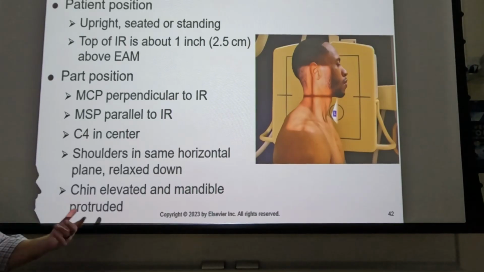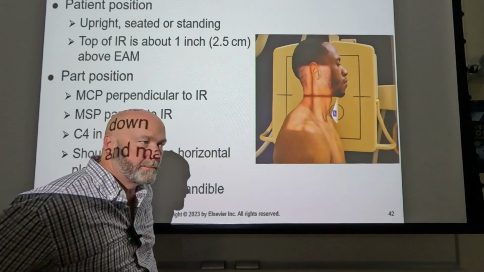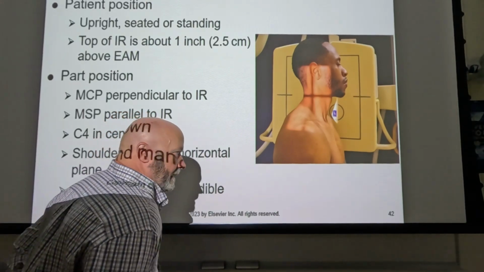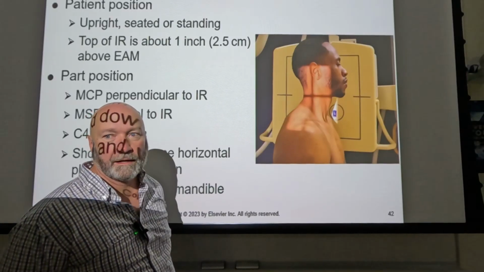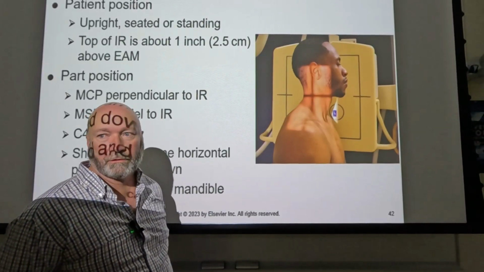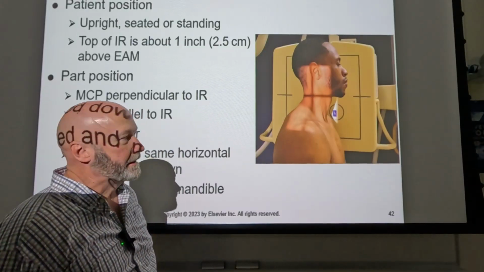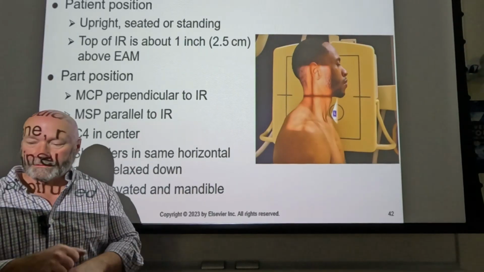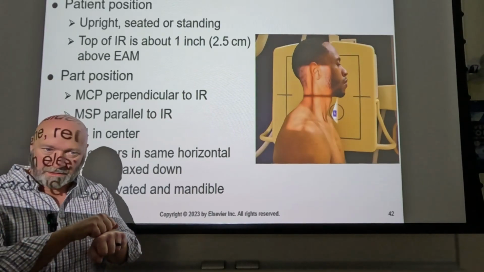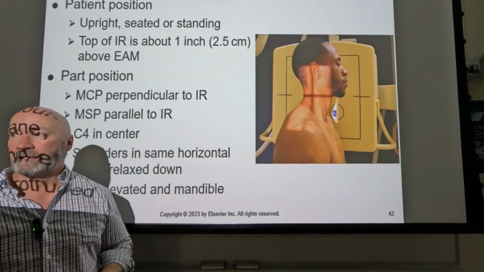If the patient can do it, have the patient stand upright, have them put their hands behind their back and join their hands together, and then have them reach for the floor. What's going to happen when they do that is it's going to rotate the shoulders back and down as far as they can go. It's important to get those shoulders out of the way. A lot of our subluxation, the type of fracture where one bone slides on top of the other, are going to be C6, C7, C7, T1.